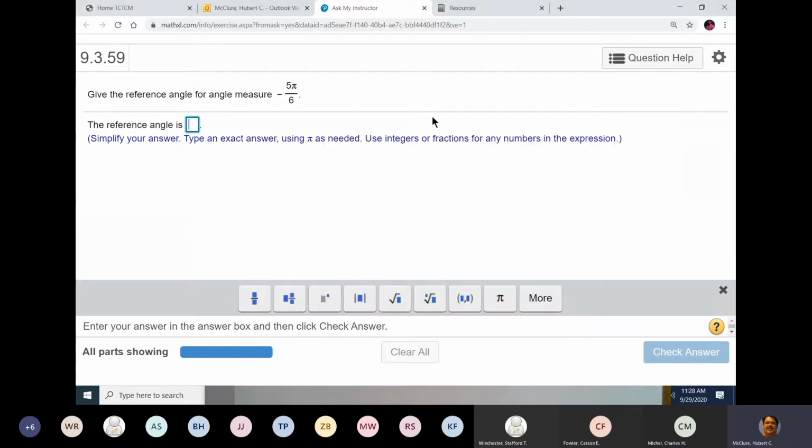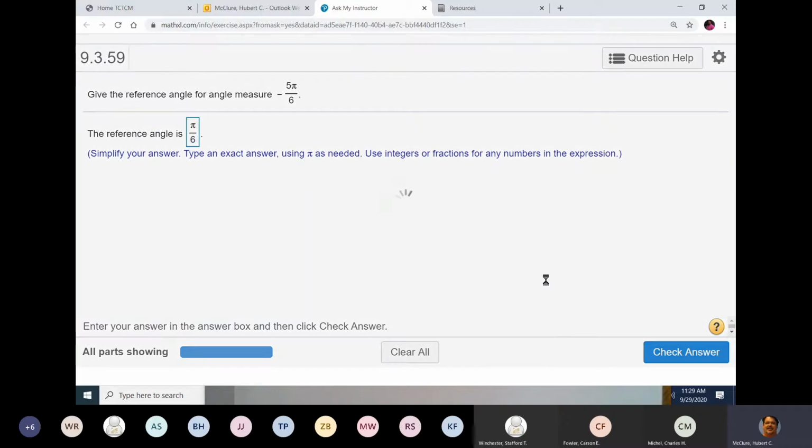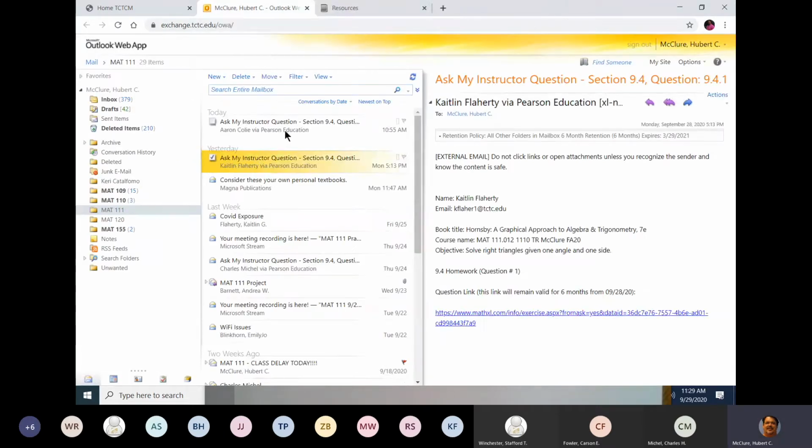Technically, it should be negative pi over 6, but I don't know if they want pi over 6 or what. So I'm just going to go with pi over 6. And that's it. Okay. That is a test question, but I'm not going to put a lot of them on there versus these test questions. Okay, so this is 9.4.